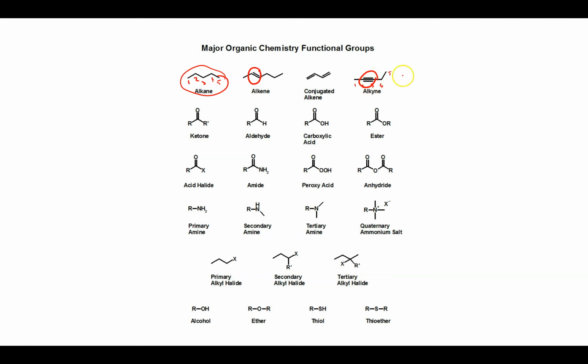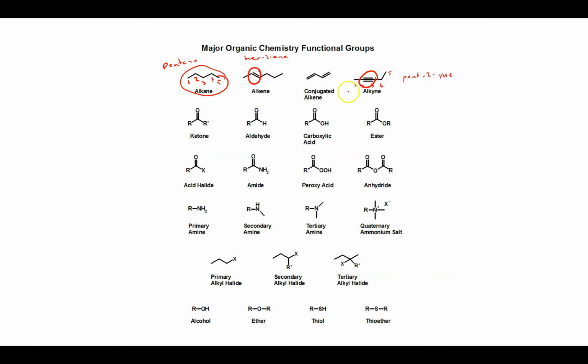So, in this case, it would be pent-2-yne. And this one over here would be pentane. No numbering there. And this one here, that's a hex, so it'd be a 2 though. Hex-2-ene.